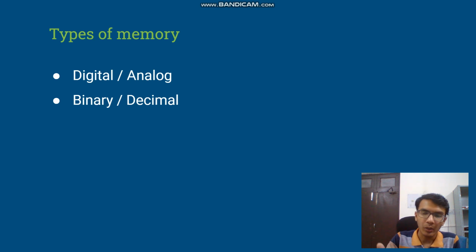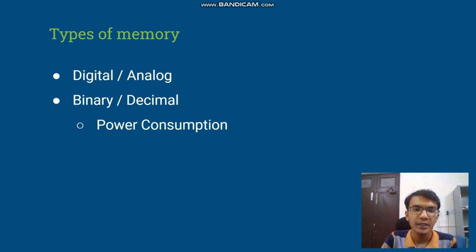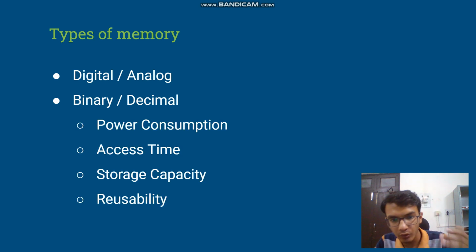We can use flip flops, in which we store data as high and low voltage signals, and different parameters can be used to store binary data. Depending on these four parameters, we choose which kind of storage device to use for what purpose: power consumption, access time, storage capacity, and reusability.